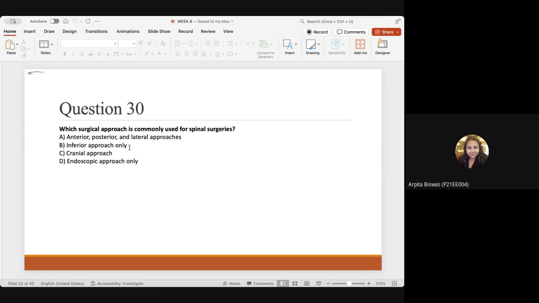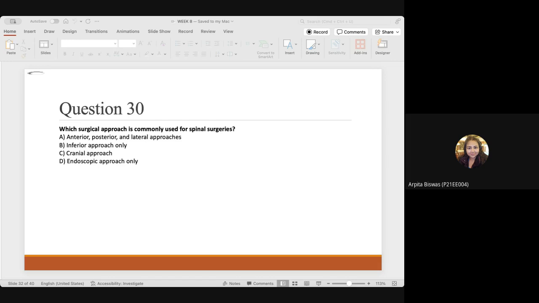So please go through the options and try to find out the right option. So question number 30, the right option is option A, the anterior, posterior and lateral approaches.